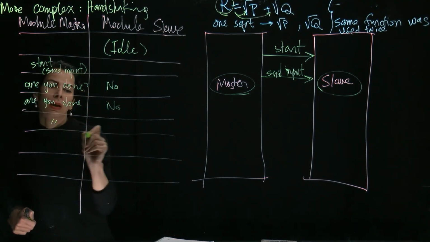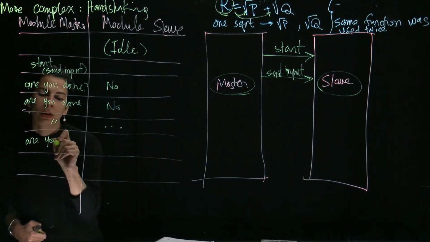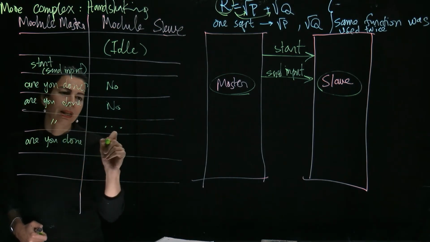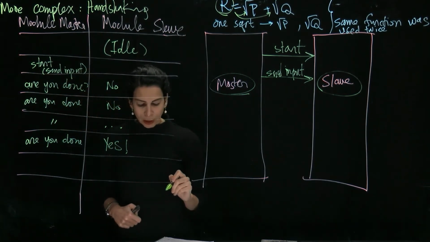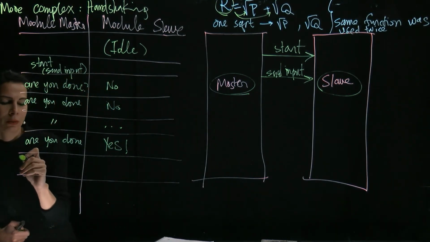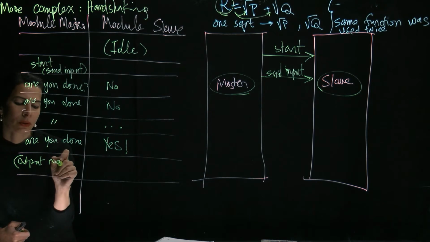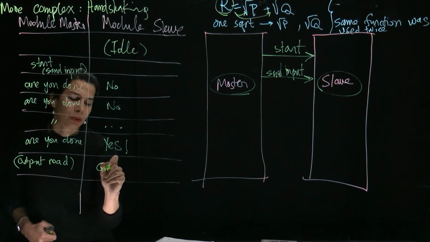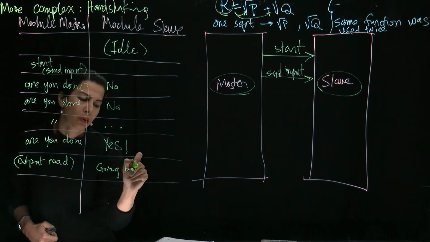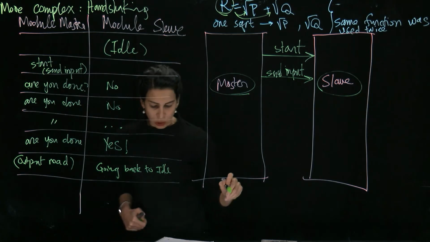No. And then at some point, I'm going to ask, are you done? And the slave is going to say, yes, I'm done. And once this happens, the output is going to be read because this is a valid output. And then the slave goes back to the idle state.